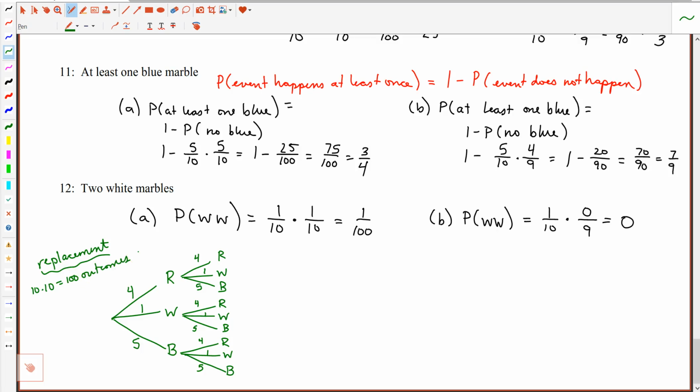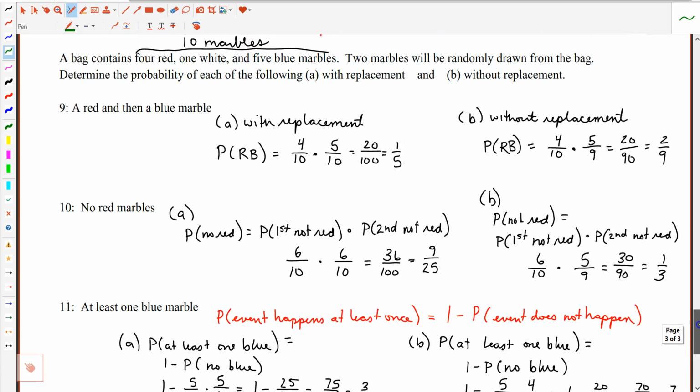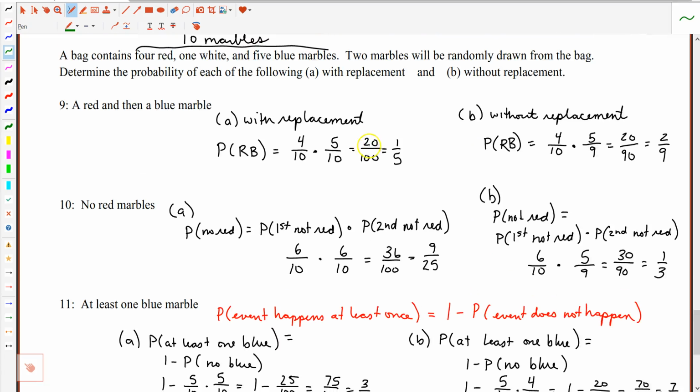So that builds the denominator of the 100. And then that first one, which was a red and then a blue, that would be right here. To get the count, you would multiply the numbers along the branches. So this red had 4, that blue had 5, so 4 times 5. There are 20 ways that could happen. And notice that that is the numerator that we came up with up here.